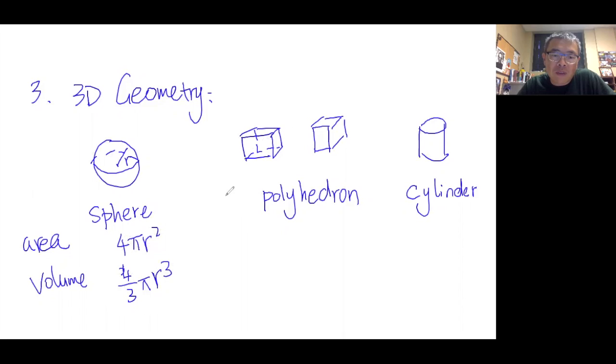Now, the book also gives the area formulas for polyhedra, like these two, or the cylinder. They are not as common as the volume, so I will just talk about volume in this video. Now, this for the rectangular box is simply given by length times width times height.